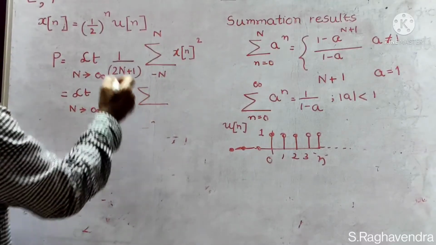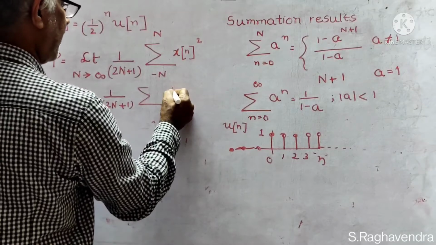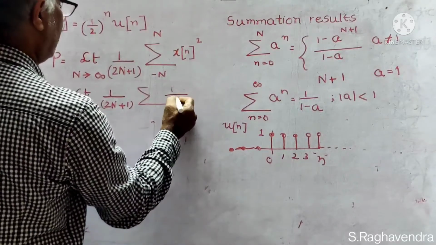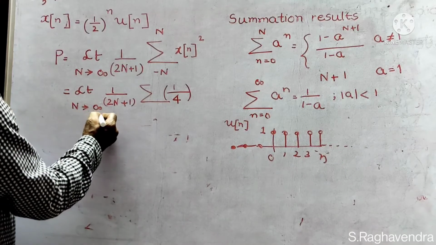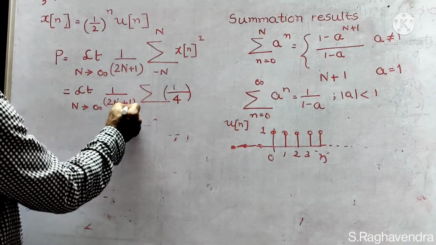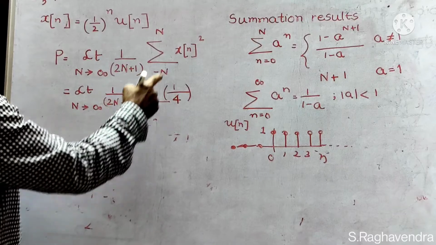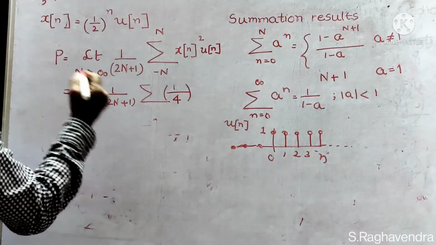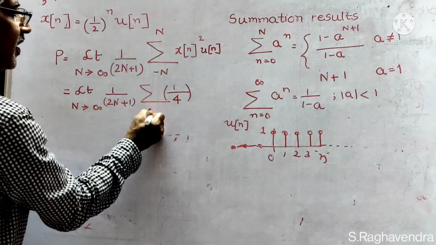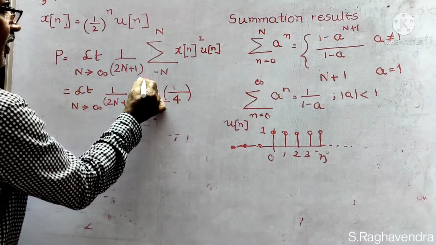Now u of n exists from 0 to infinity, so I will take the lower limit as 0 and the upper limit as n.